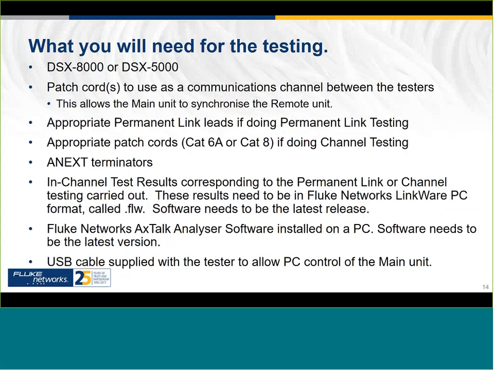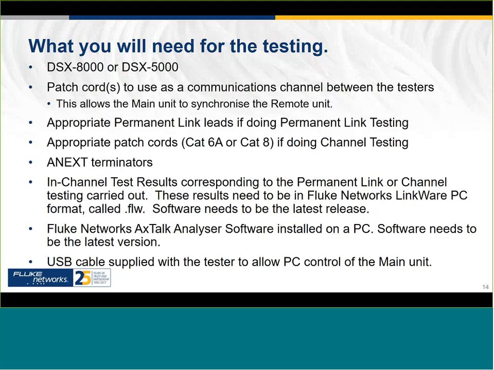As you'll see when we do the measurements, sometimes we need to interface with a cable that's located in the same area but not involved with the measurements. If you're doing alien crosstalk using permanent link test results, you need the appropriate permanent link leads. If you did your testing using the channel methodology, you are going to need the appropriate patch cords for channel testing.